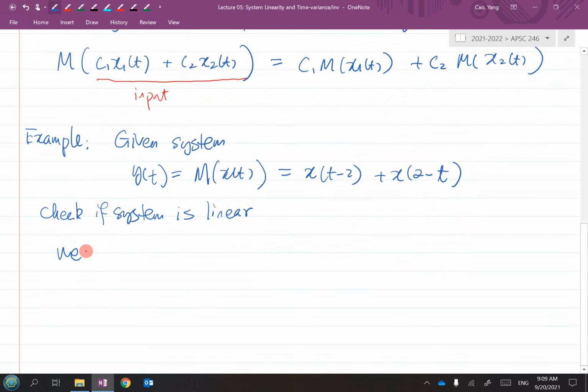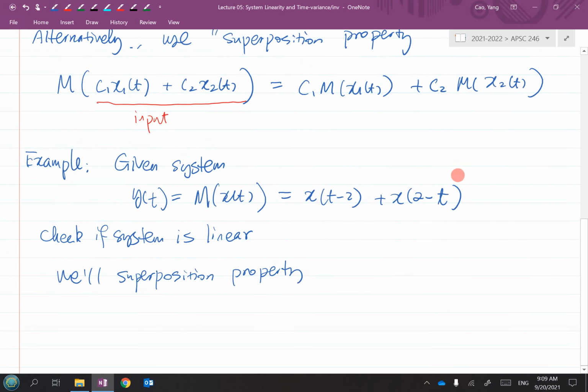So we'll use the superposition property, which means I am going to check this term on the left side.